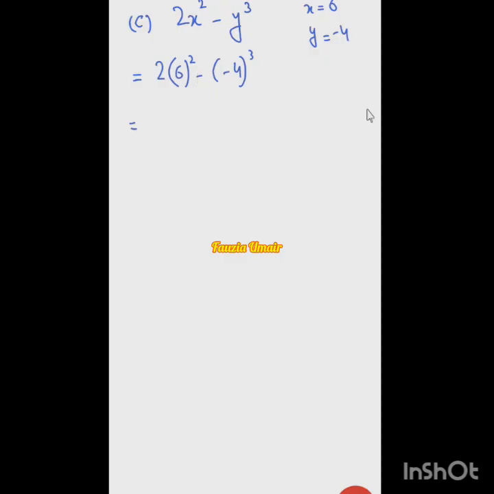Zainab, do you know this PEMDAS? Have you learned about order of operations, like the BODMAS? The BODMAS is for the junior classes, PEMDAS is for the senior ones. P is basically parentheses. Parentheses are brackets.